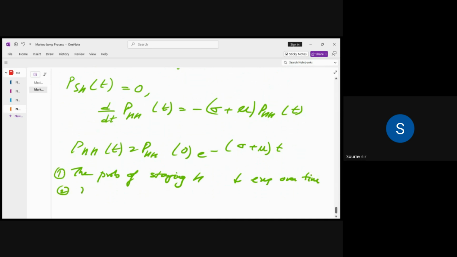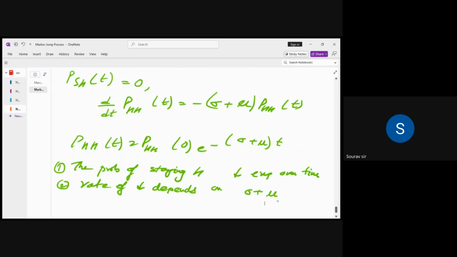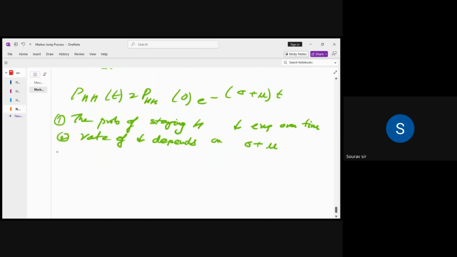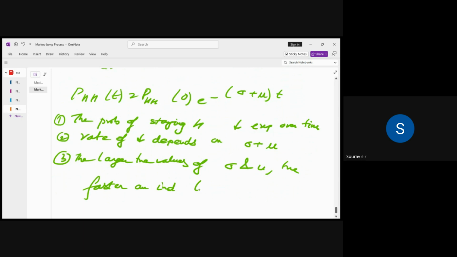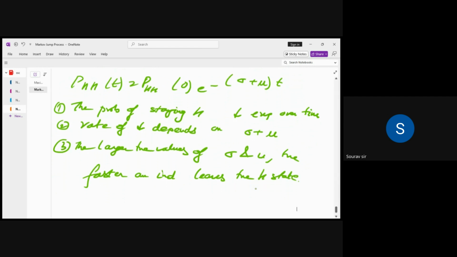Second, the rate of decrease depends on the combined transition rate, correct? And the larger the values of lambda and mu, the faster an individual leaves the H state. Okay. Now, second, case 2.